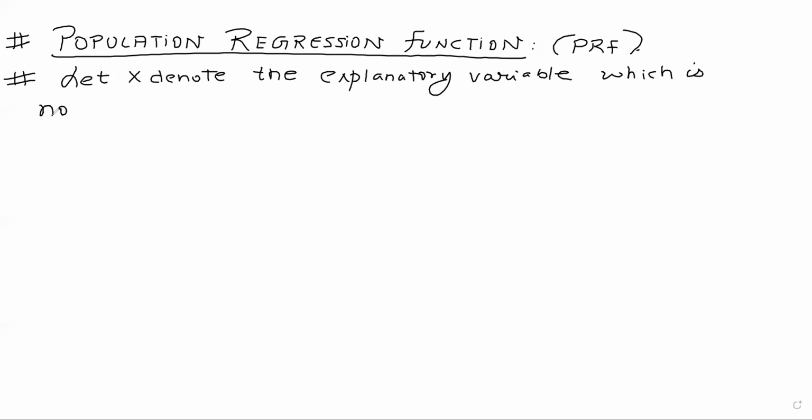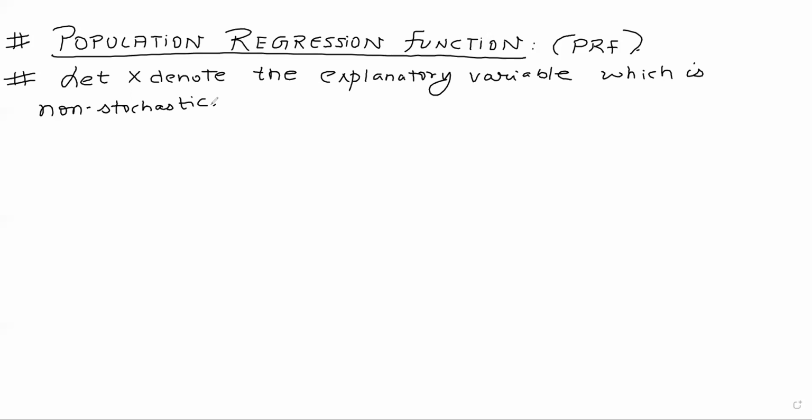Now students should be familiar with these terms. What is meant by non-stochastic? A non-stochastic variable is that variable which has no probability distribution attached to it. Basically, that variable which is taking fixed values is a non-stochastic variable.